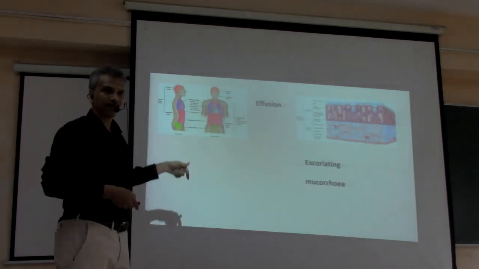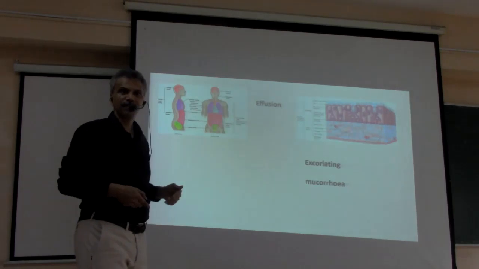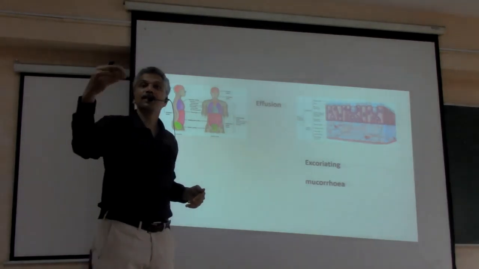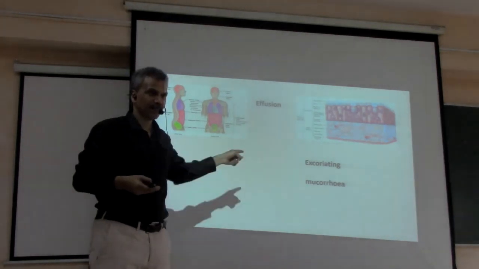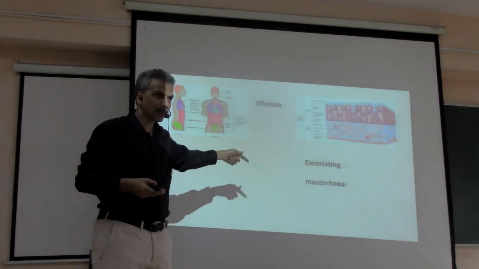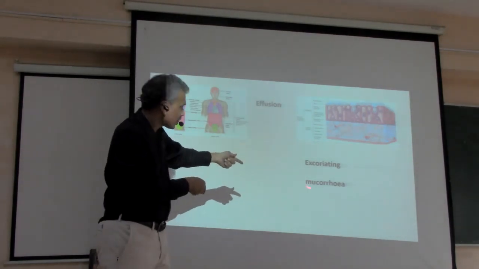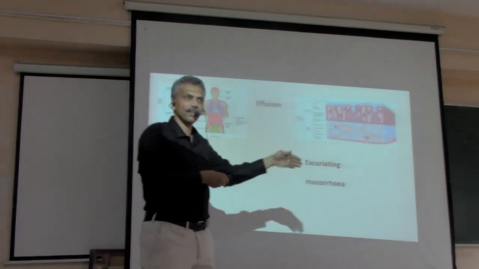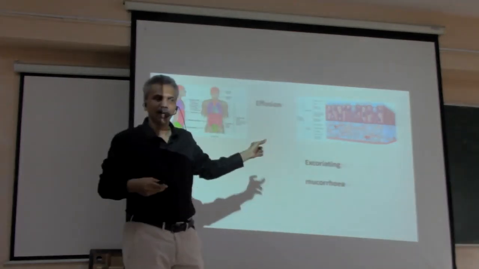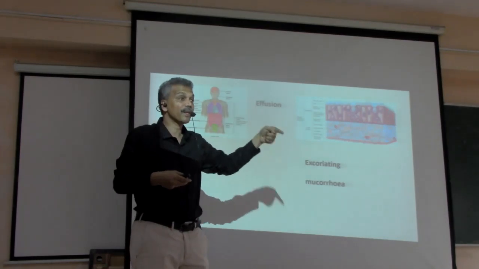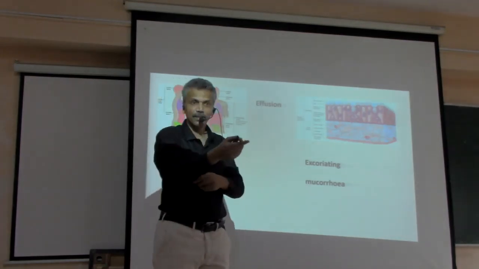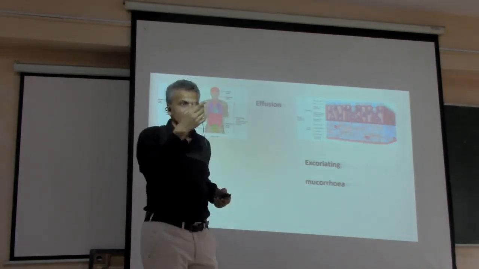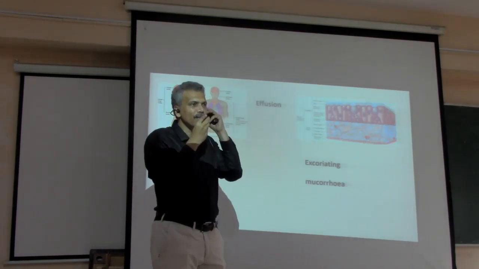Excoriating coryza. What is coryza? Excess mucus secretion. In sulfur, you will see excess mucus secretion, and those mucus secretions are excoriating. Now, how do you apply this into the materia medica? How do you apply the knowledge of sphere of action into materia medica? Simple. When I am talking of nose tomorrow, what will I tell you?